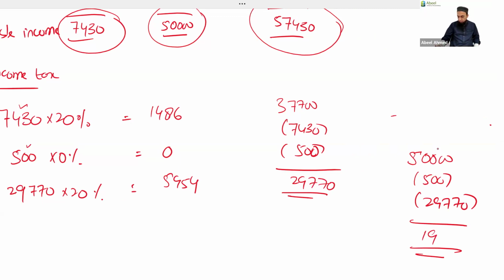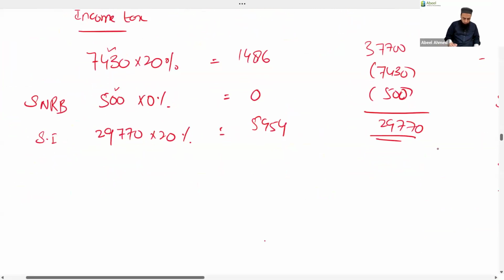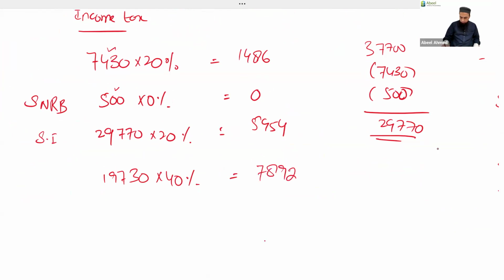I'm getting 19,730. 19,730 into 40%. 7,892. 5,954 plus 7,892 plus 1,486.